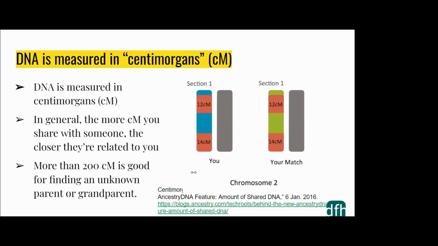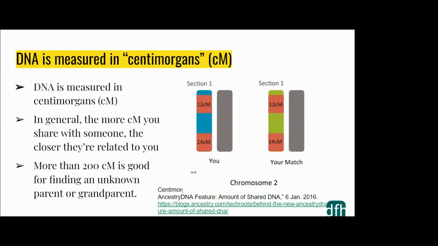One is 12 centimorgans, and the other is 14 centimorgans in size. And on the right-hand side of this diagram is someone who has the same DNA pattern along two segments. They exactly match the pattern in your DNA at the same two points. So in this diagram, you and your match share a total of 26 centimorgans, 12 plus 14, across two segments.